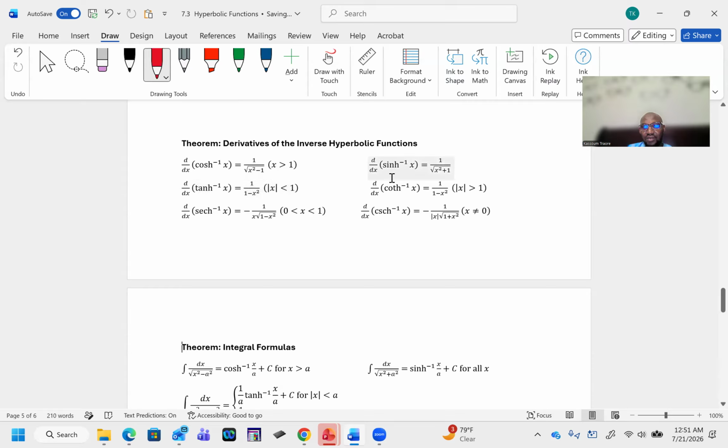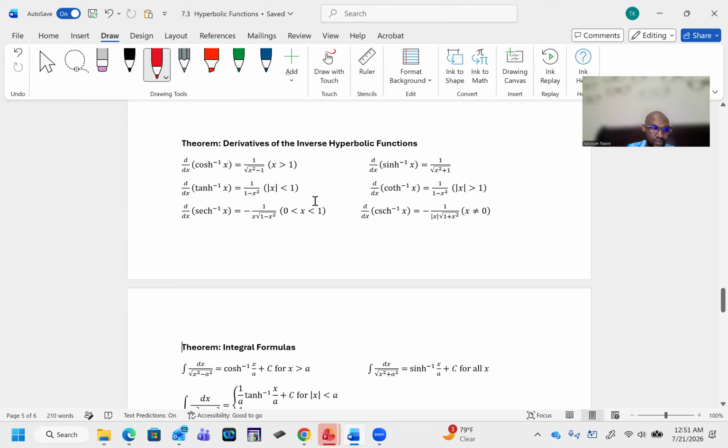The derivative of inverse hyperbolic sine of x is 1 divided by square root of x squared plus 1. And the derivative of inverse hyperbolic tangent of x is 1 divided by 1 minus x squared, with absolute value of x less than 1, and so on.